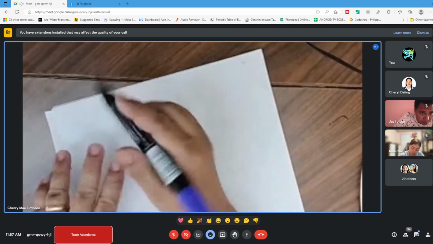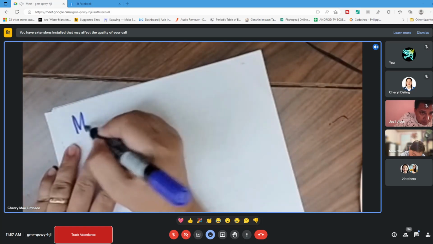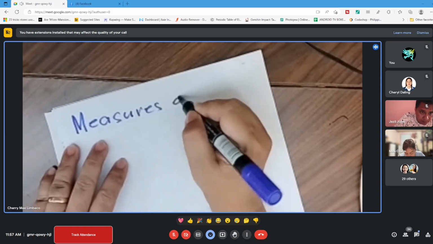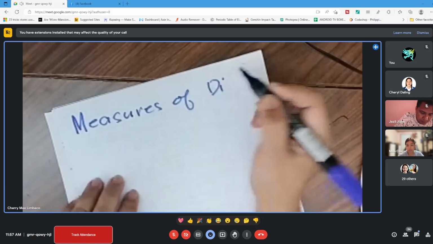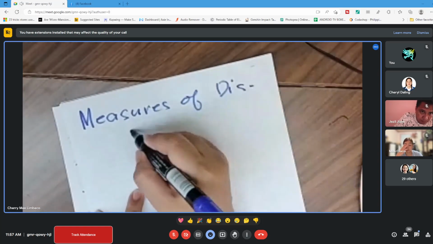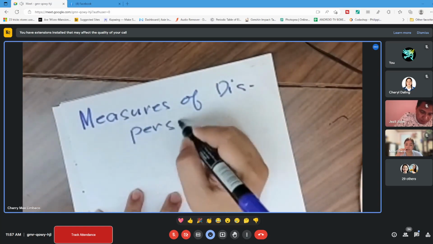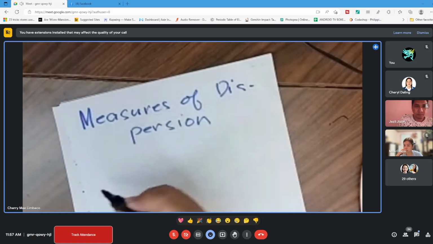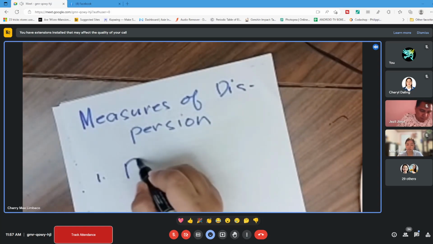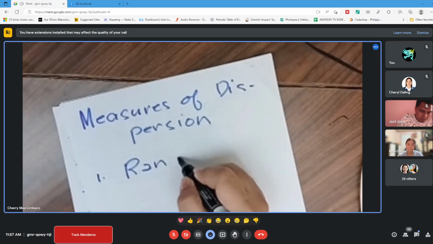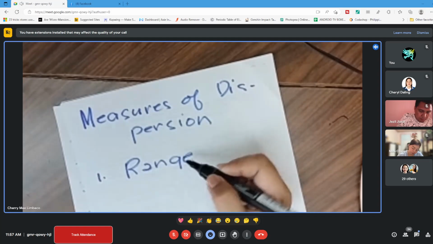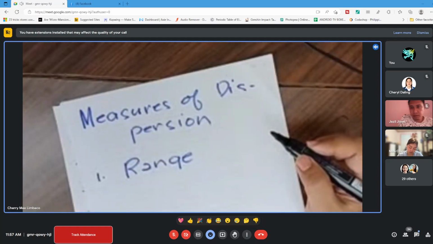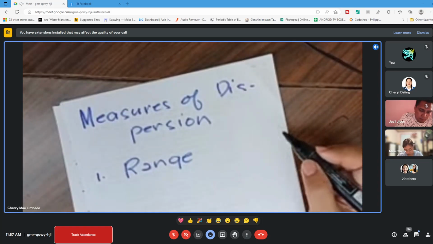So you have measures of dispersion. One is solving the range. When we say range, that's the difference between the highest value and the lowest value.